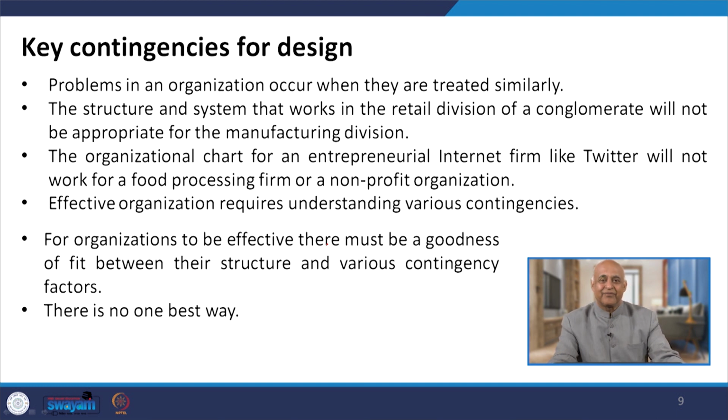The organization chart for an entrepreneurial internet firm like Twitter will not work for a processing firm or a non-profit organization, and therefore effective organization requires understanding the various contingencies. For organizations to be effective, there must be a goodness of fit between their structure and the various contingency factors. So, there is no one best way.